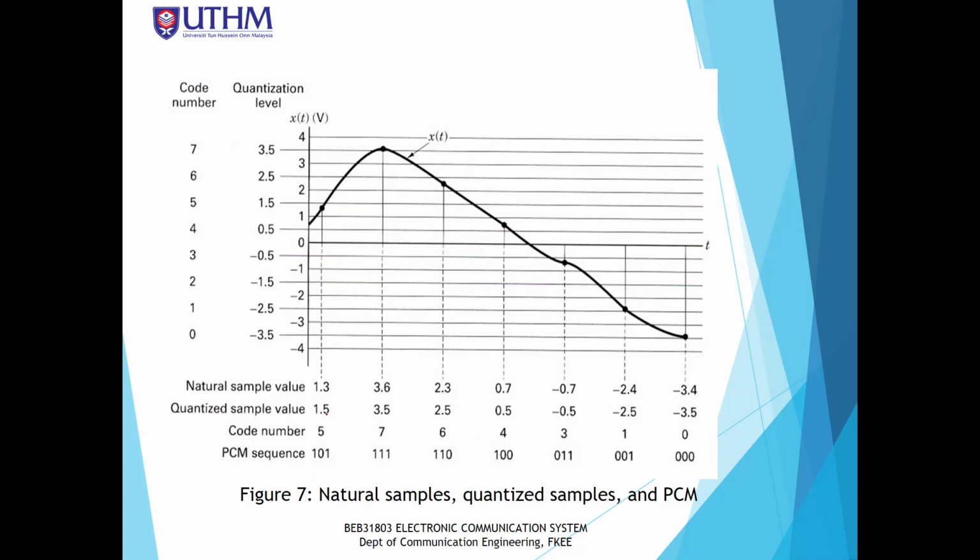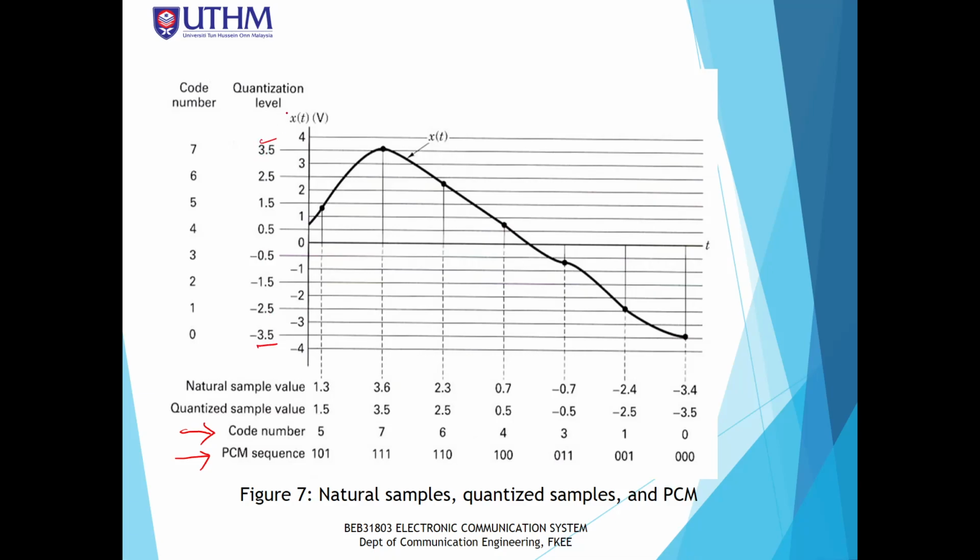We have seen this in figure 6 previously. Now we want to look at the last two lines over here, because we have seen this example previously. From the previous example, we have 8 levels from minus 3.5 until 3.5.